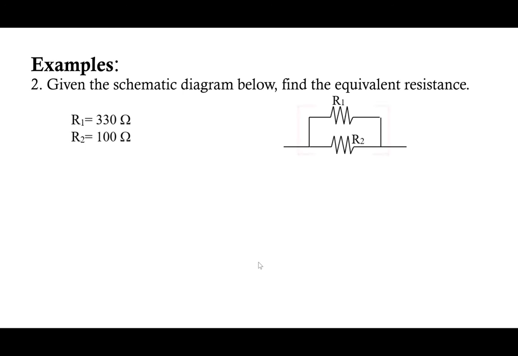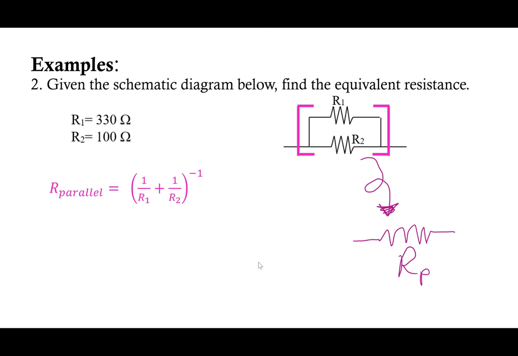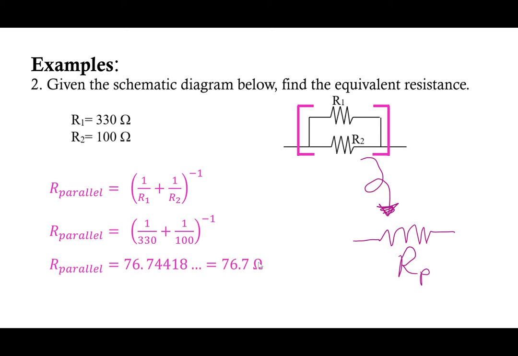So these are in parallel. You're going to see me use parentheses for parallel. And I'm going to replace those two resistors with a single resistor with an equivalent resistance of R parallel, which is just 1 over R1 plus 1 over R2, that quantity taken to the negative 1. So plug in my numbers and I get 76.74418, which would round to 76.7 ohms.